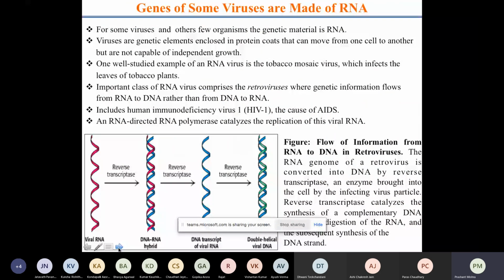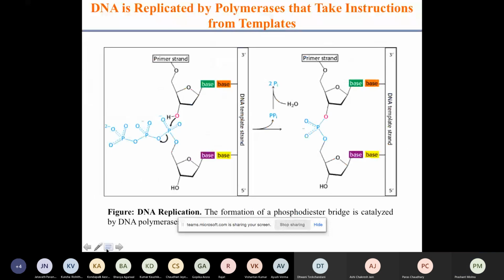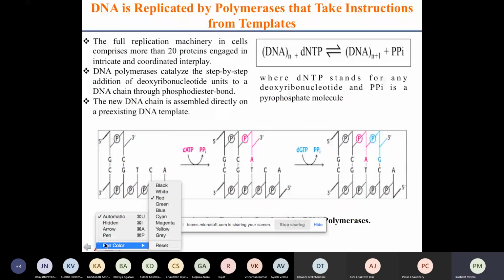So what you need, let me just go back and try to give you the reaction. In the reaction, what do you require? You require the primer strand. So this is your primer. This is the deoxynucleotide triphosphate, and you require what else?